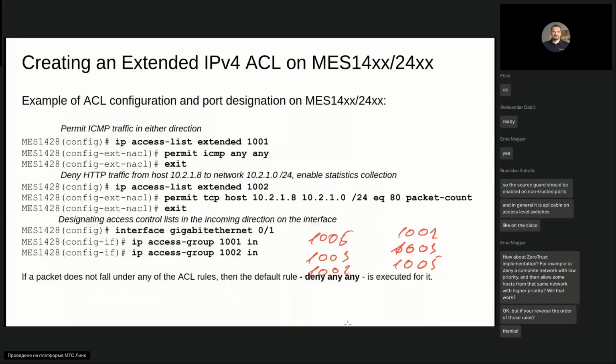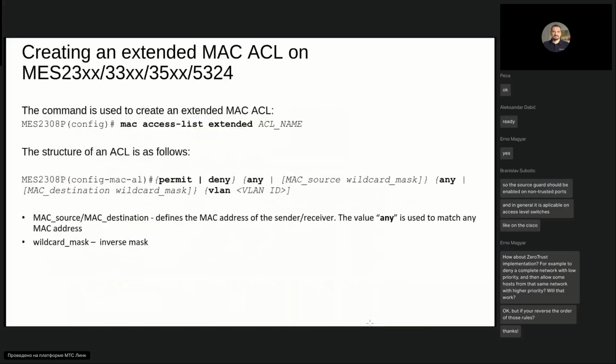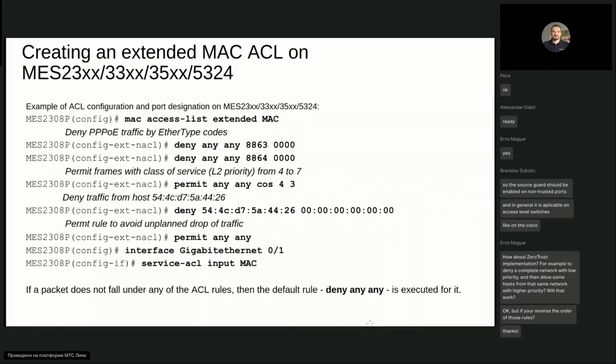So if you create the ACLs with numbers, make gaps between them so that maybe sometime in the future you would be able to place some ACL between them. So don't use 1001, 1002, 1003. It's better to use 1001, 1010, 1020, and so on and so forth. So this is to be done in advance.